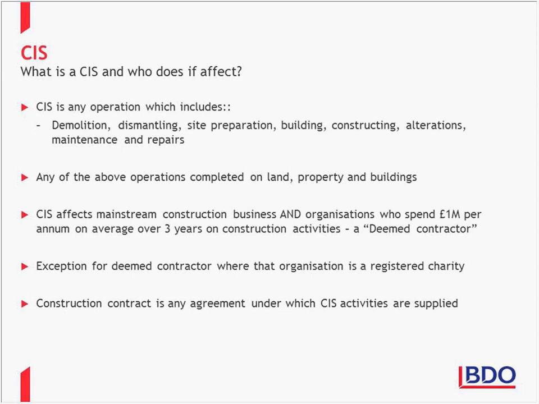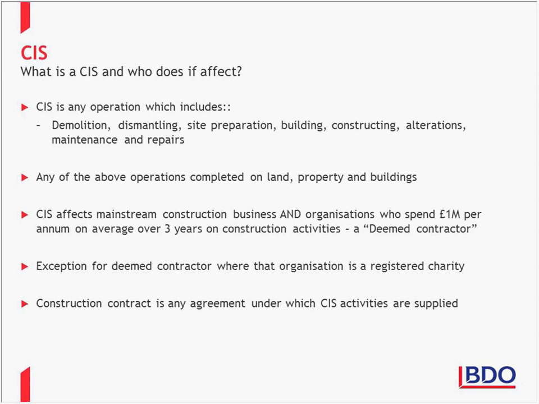Once a construction operation is being commissioned, you need to identify and confirm whether or not a construction contract has been entered into. A construction contract is any agreement, whether implied, written or verbal, under which one party, the subcontractor, agrees to supply services which are a construction operation to another party, the contractor.